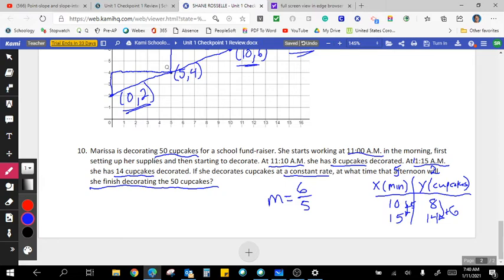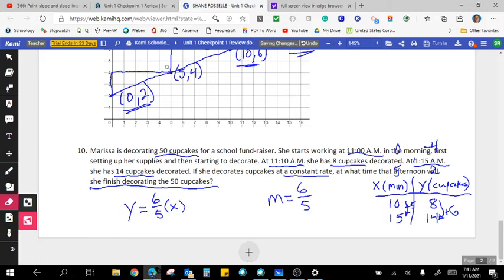And then if we go back to 0, if we take 6 away from 2, we're going to be at negative 4. So right here we're going to say y equals 6 over 5 times x minus 4.